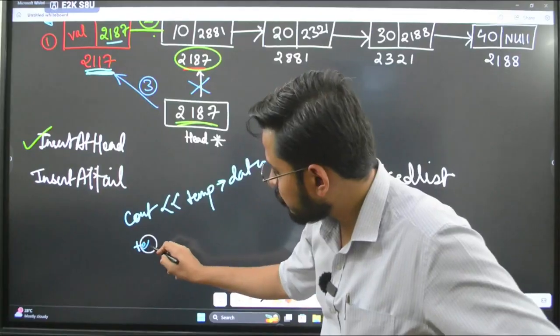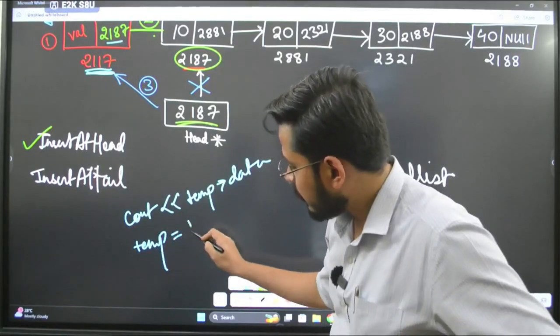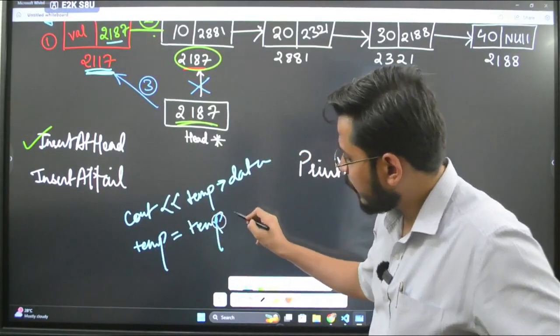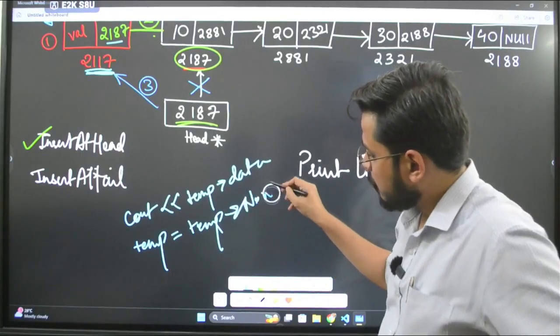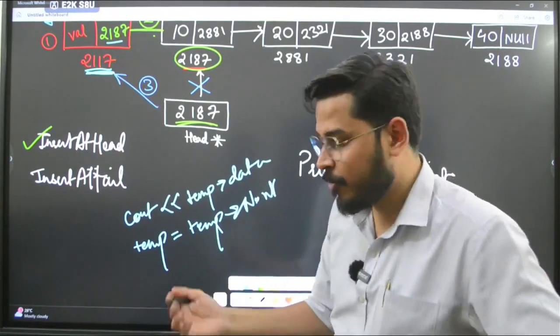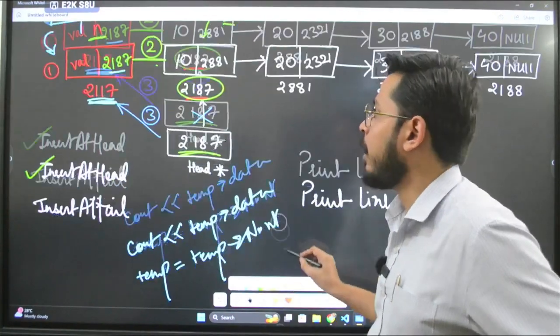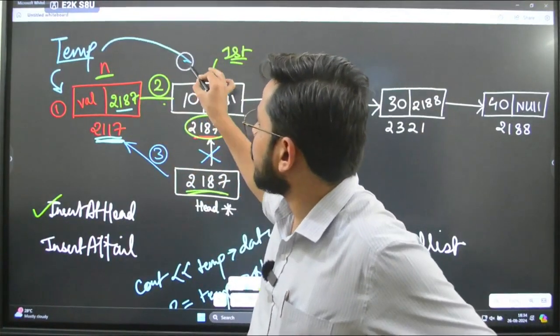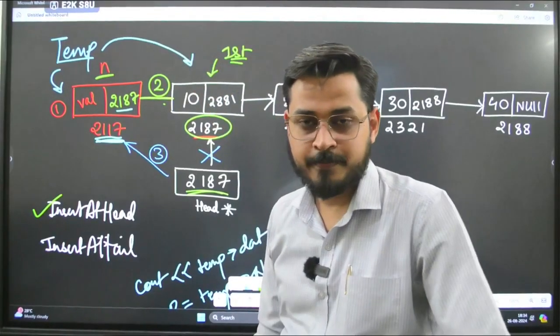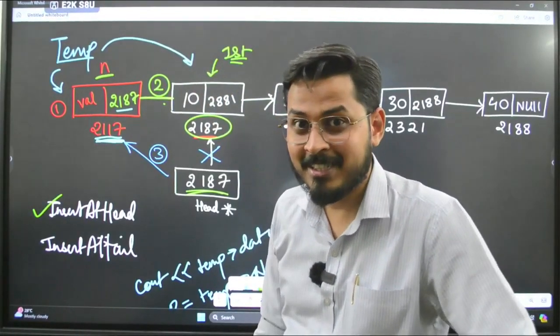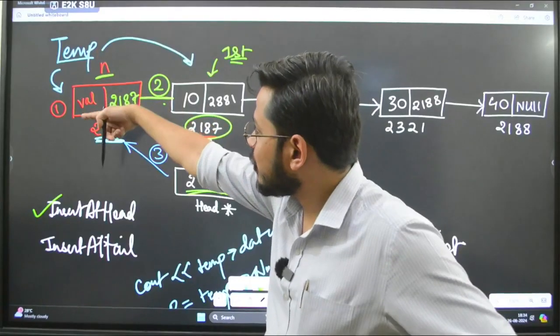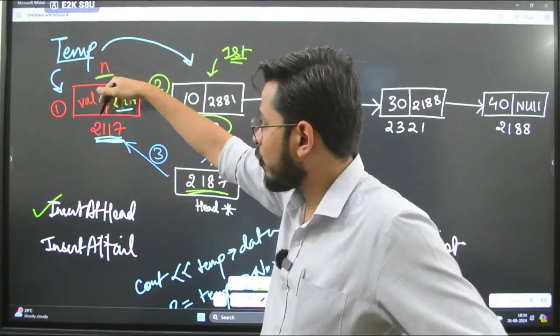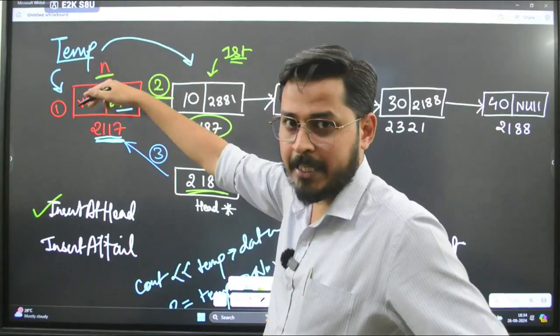Temp is equals to temp, you only access your own next. Temp is equals to temp of next. And when this happens, the temp starts jumping to the next node. Clear? Easy? Temp, you are standing at the head, print your own data. So cout temp of data.